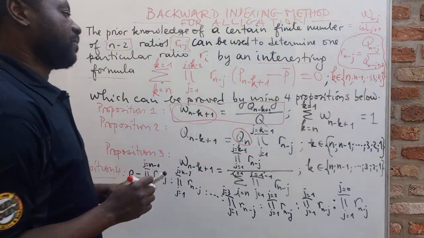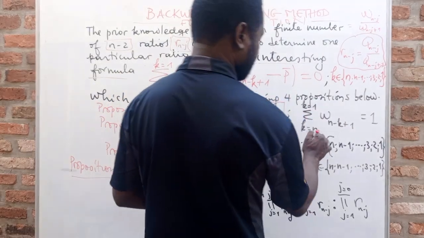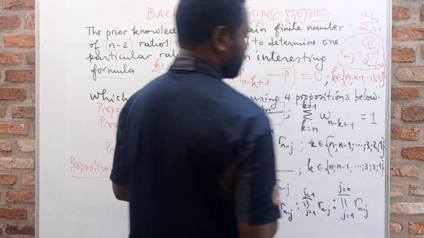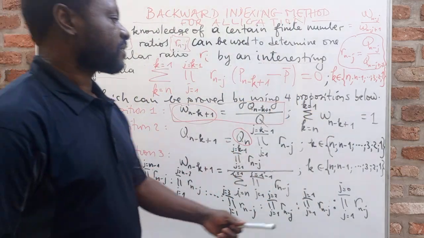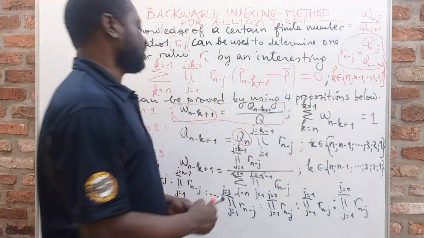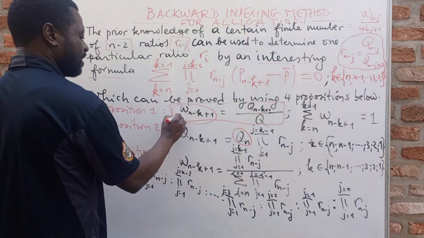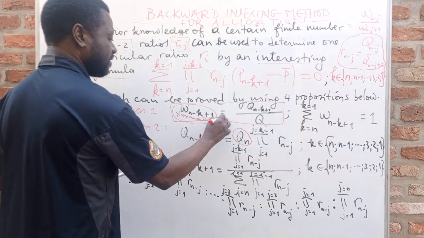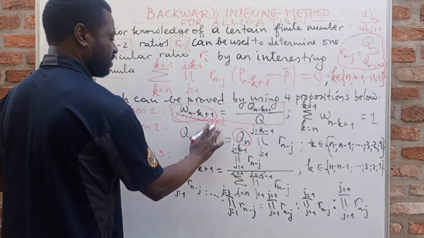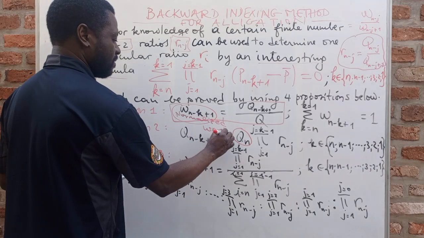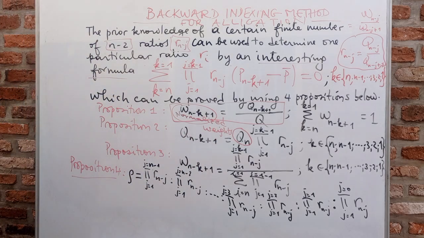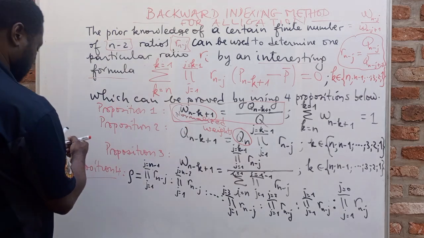It gives the weight, and the sum of all weights starting from n until 1 will give you the number 1, which means that these weights are normalized weights. These are normalized weights like before. These omegas have some indexing. Okay, that is the first proposition.